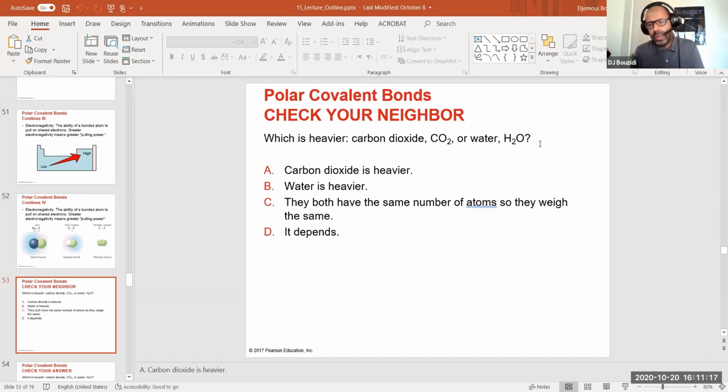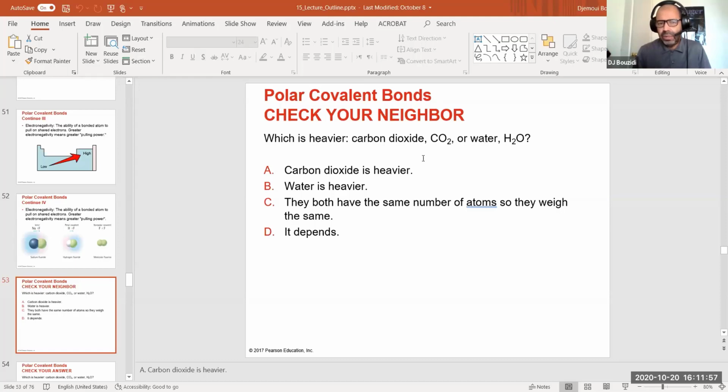Whereas in the case of H2O, hydrogen is 1 times 2, so you have 2, plus 16, that's 18 AMUs, or 18 times the mass of a single proton, which is something like 10 to the negative 27 kilograms. 18 is definitely less than half of 44. So CO2 is much heavier, more than twice the water in terms of mass.